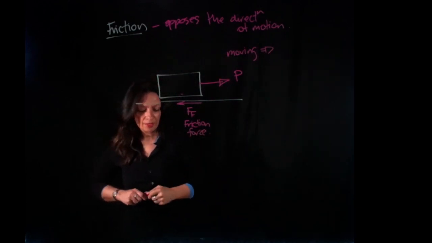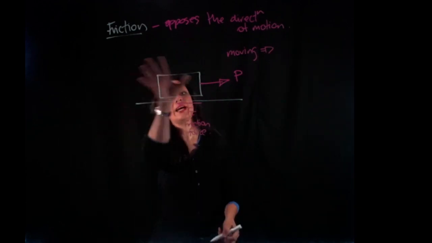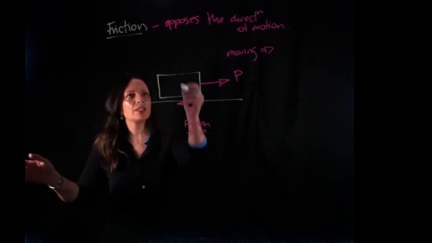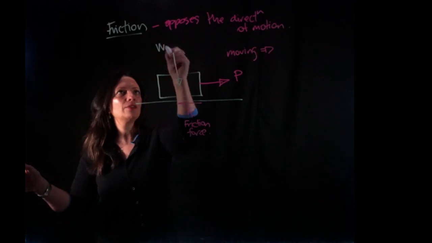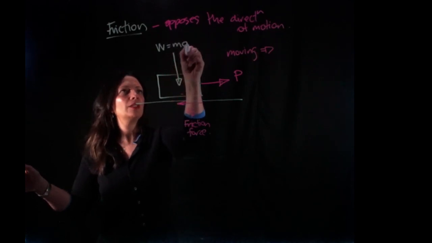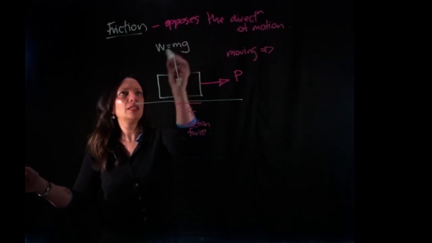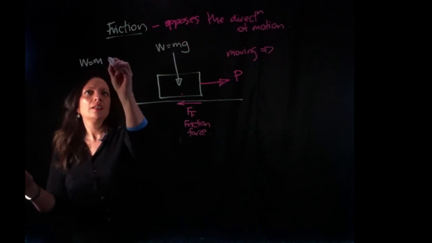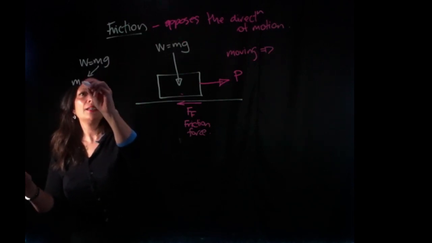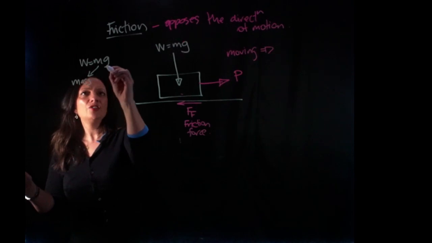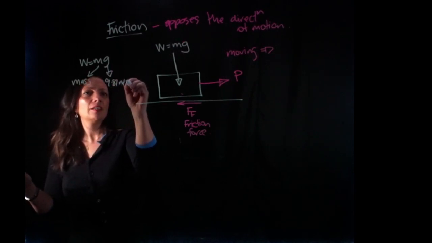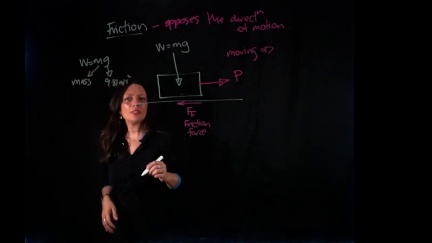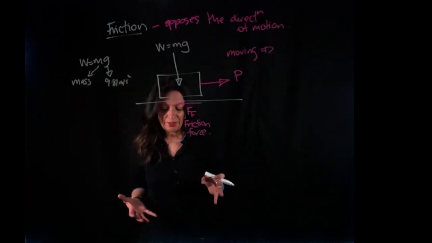What other forces do we have acting on this box? At the centre of the box, we have a weight force, which is mg, where m is the mass and g is the gravitational acceleration, 9.81 metres per second squared. Are there any other forces acting on this system?